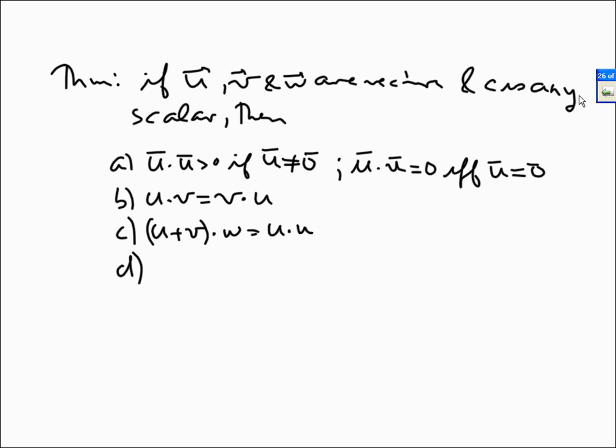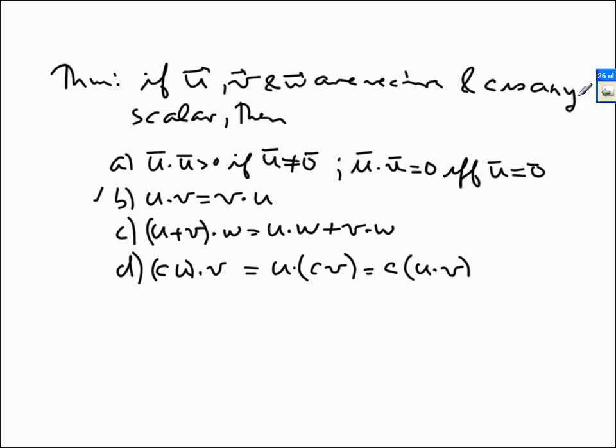You can dot u with w, you can dot v with w, and then add them up. c times u dotted with v, you can put the scalar anywhere. That is, this is the same thing as u dot cv, which is the same as c times u dot v.